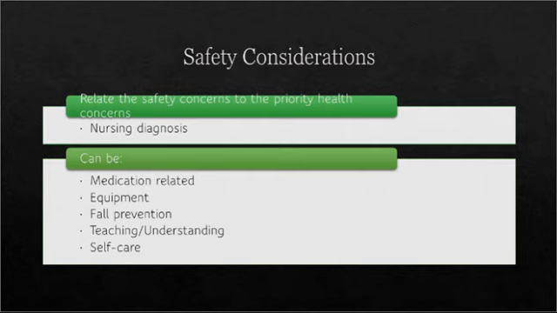Or is this a safety consideration, or is this somebody that would not be safe to do their own wound care? So a safety consideration is trying to get a consult for home health care because they're not going to be able to do it, or the family member, caregiver is not going to be able to do it. Those can be your safety considerations. Your medications: are they new on a medication?